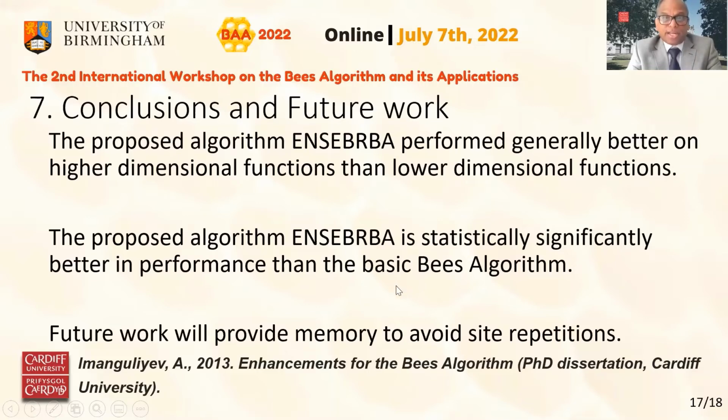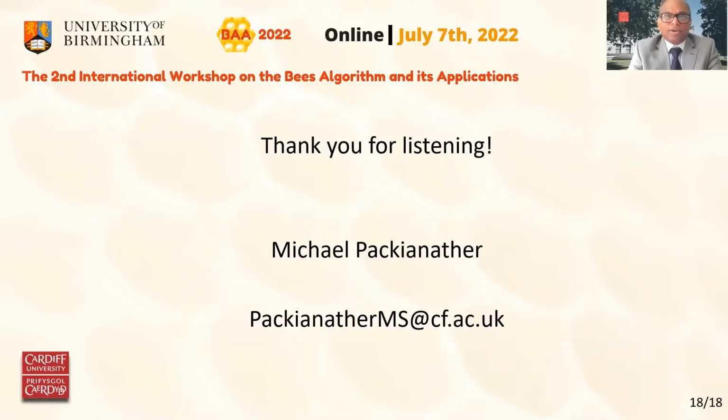And the results were statistically significant. Future work will be focusing on providing memory to avoid site repetitions. Okay, and more details can be found in this PhD thesis by Asa Imanoglu. So I think that's all from me.